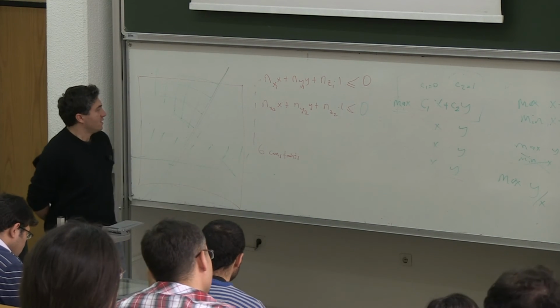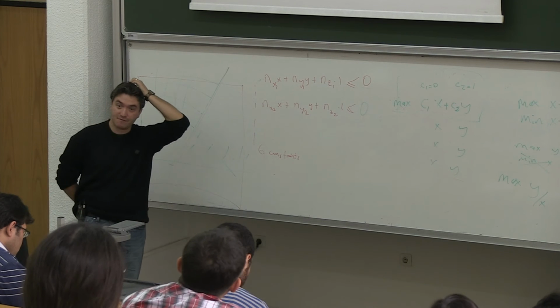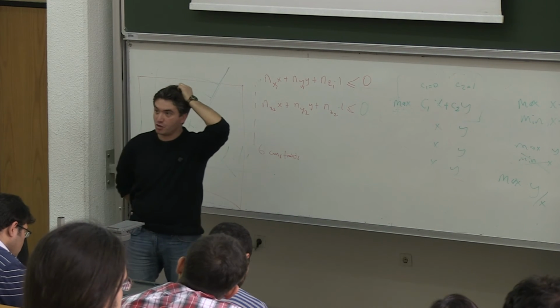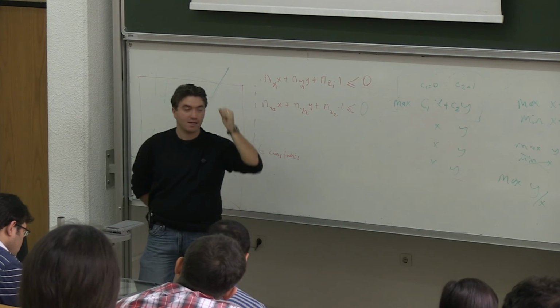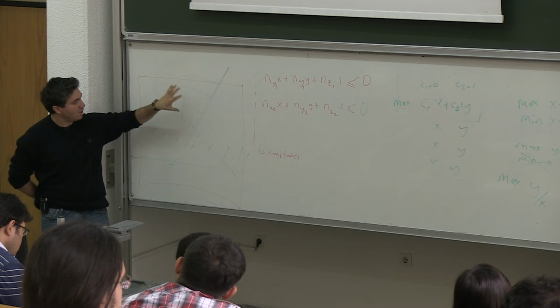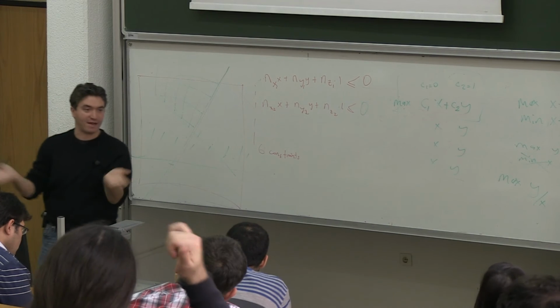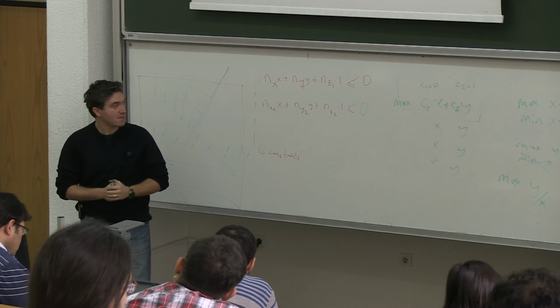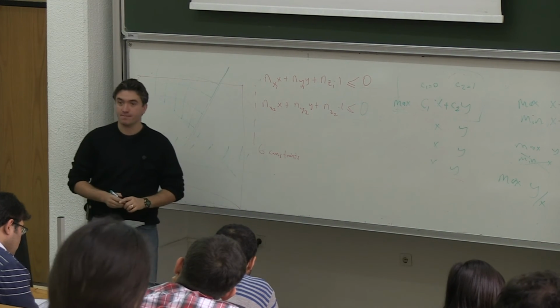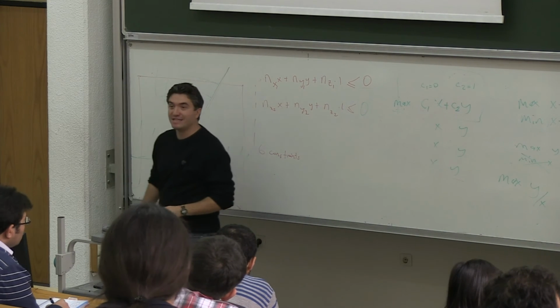Now, such an objective function gives us a way to determine a vertex of this feasible region. Imagine our feasible region is always convex. Here, this objective function, this C1 and C2, defines a direction.